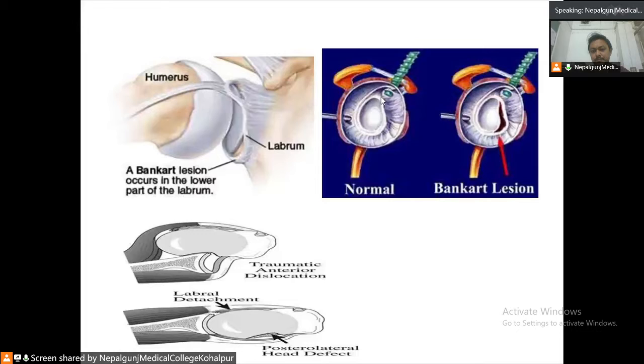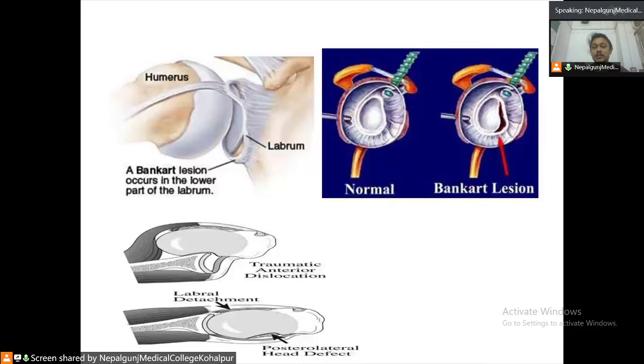There is a chance that the lower part of the labrum gets injured. There are varieties of Bankart lesions, or variety of labral injuries, but you don't need to know much about those things.